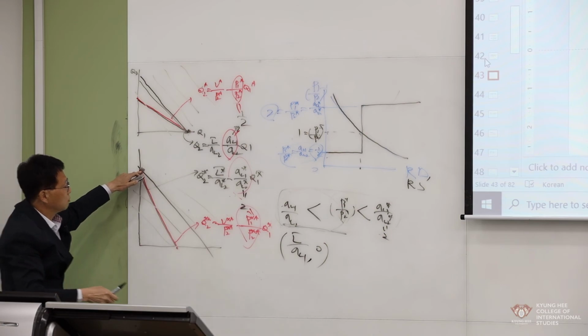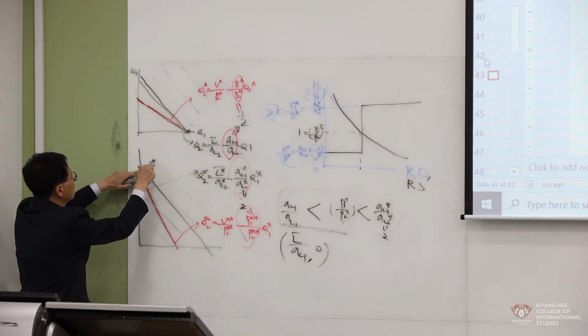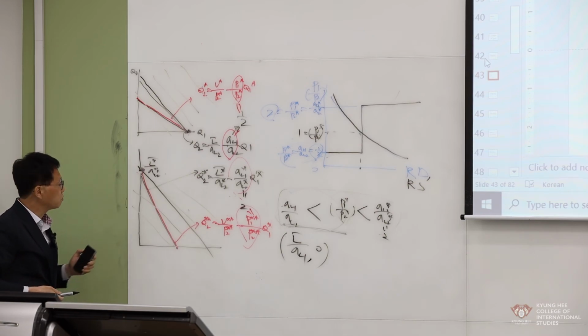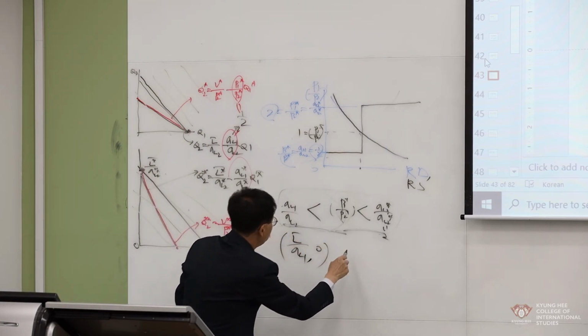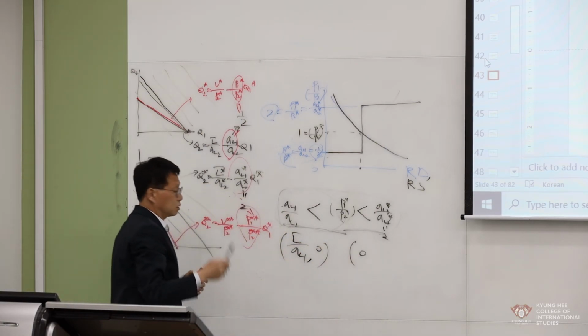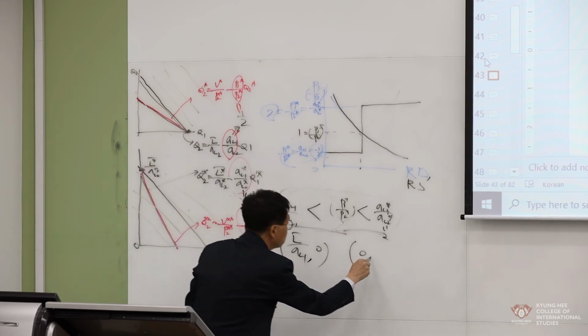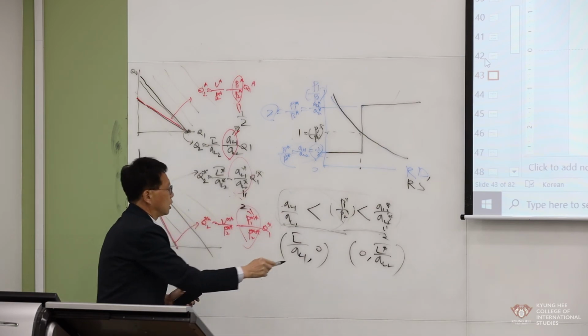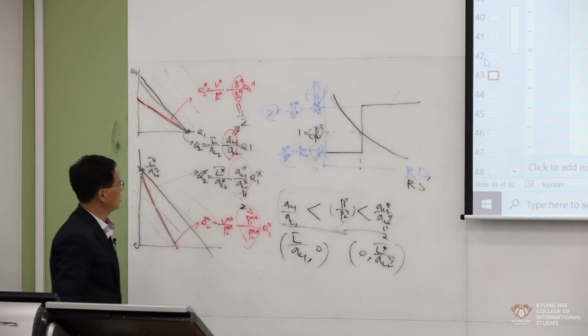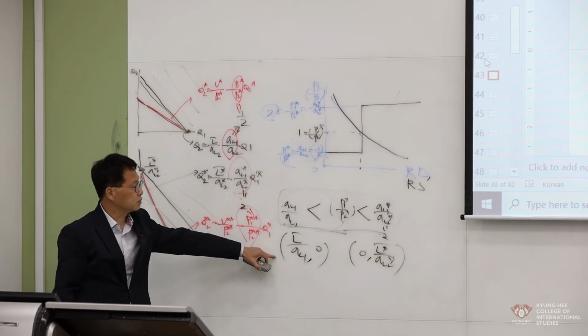So maximum production of good 2 is L star bar over AL2 star. And the production of good 1 should be equal to 0. In this situation, the foreign country's production of good 1 is equal to 0, and production of good 2 is L star bar over AL2 star. That kind of thing happens.